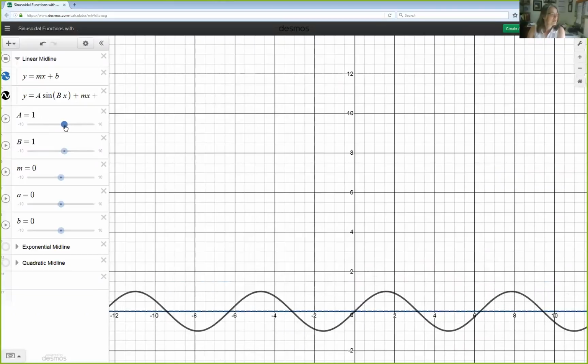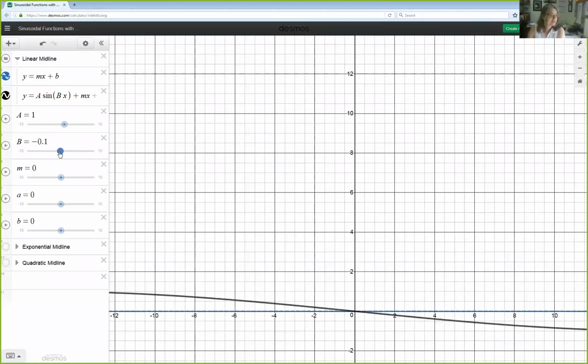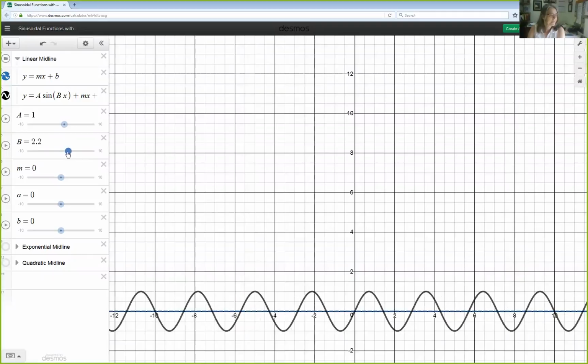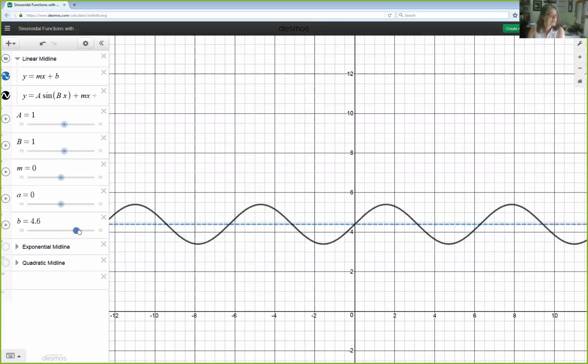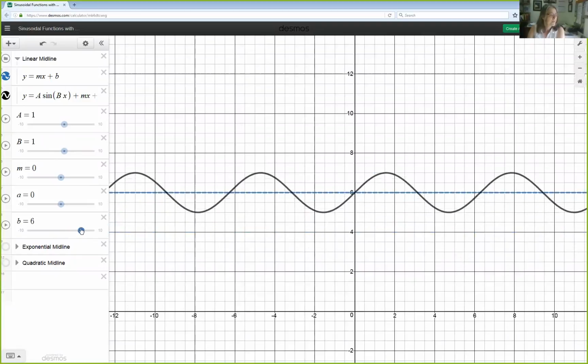Okay. We also know what happens when we change our horizontal shift coefficient, our b. We change our period. Now, we're familiar with moving this up and down. That's what this b does. But this actually says y equals a times the sine of x plus mx plus b.